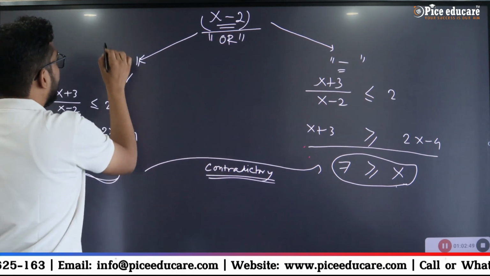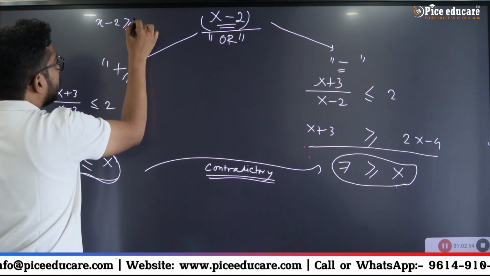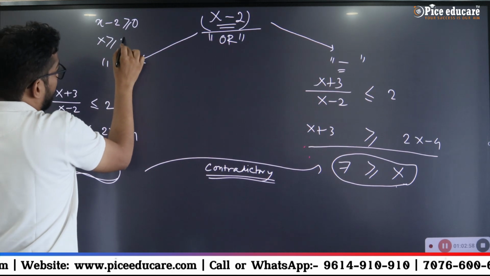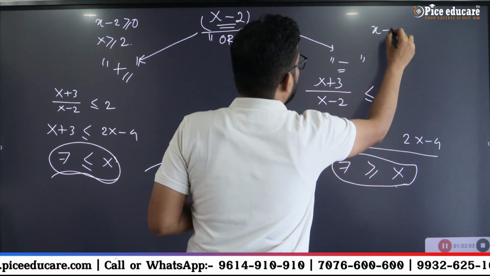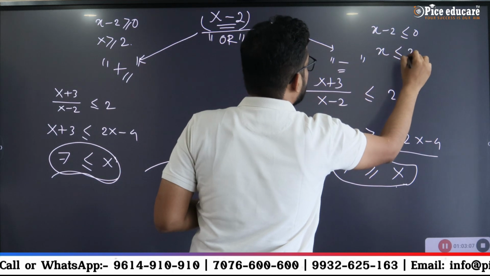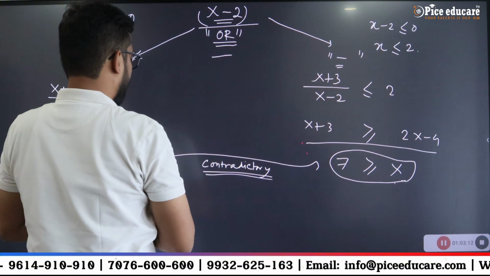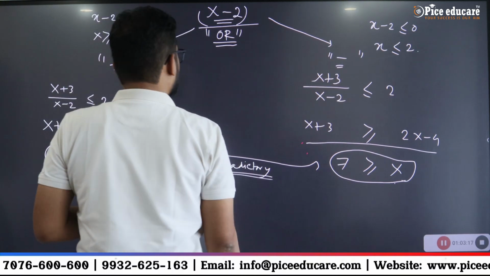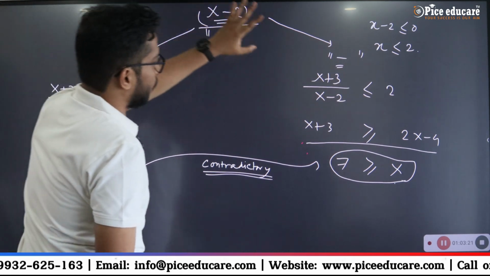So either x minus 2 is bigger than 0, which means x is bigger than 2, or x minus 2 is less than 0, or x is less than 2. Or starts from here, right? So x can't be bigger than 2 and lesser than 2 at the same time. So either this is the situation or this is the situation.